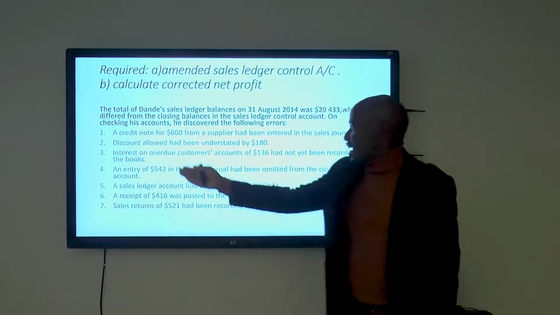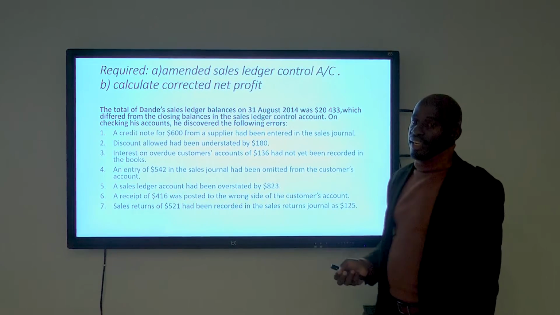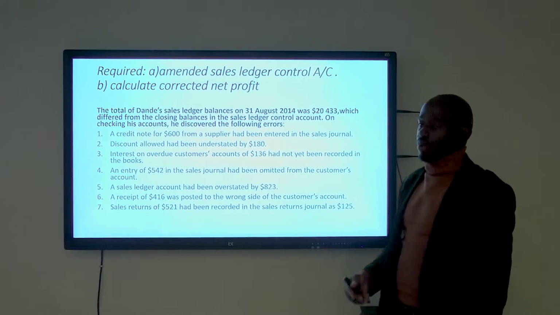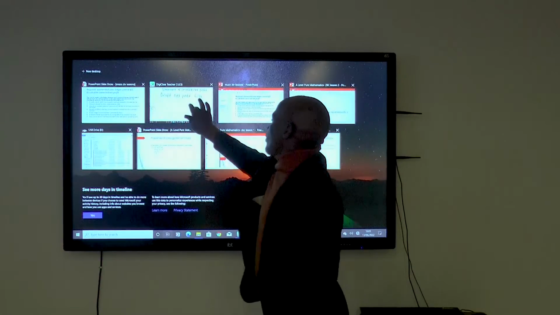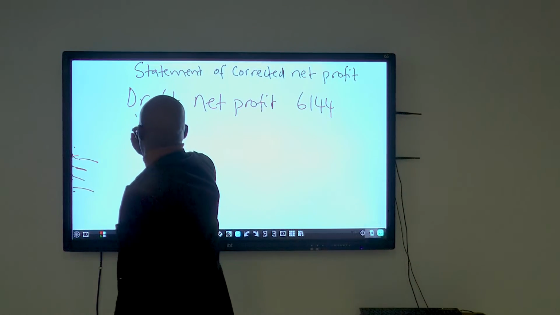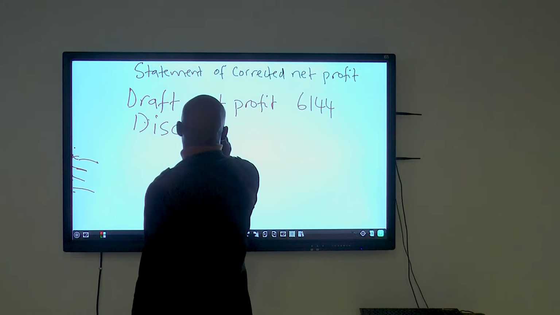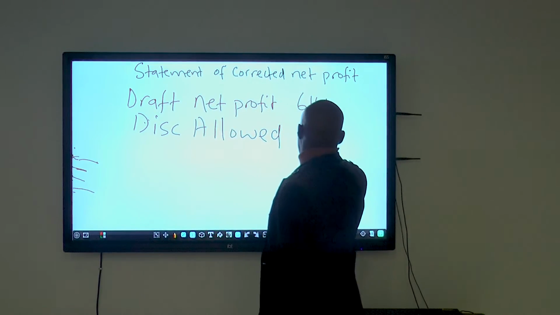Okay? Then error number 2, discount allowed had been understated by 180. How does this affect our profit? Obviously, our profit is going to be overstated, right. So here we deduct discount allowed. That's 180 there.